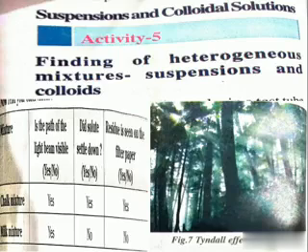First we took the chalk mixture: chalk powder and water. When we send the torch light or laser beam into it, can we see the path of light? Yes, we can see the path of light.